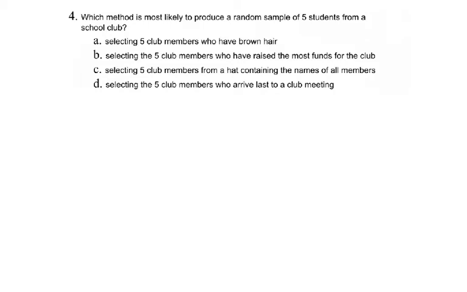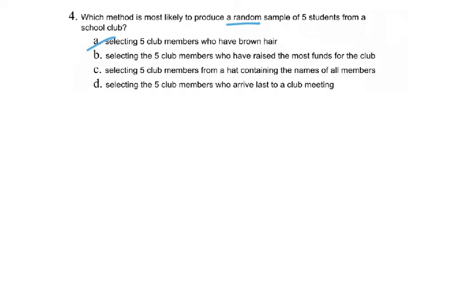Okay, and then number 4, I'm going to let you pause the video and try this one. Alright, so this one says, which method is most likely to produce a random sample of 5 students from a school club? So we're going to pick the most random one. A, selecting 5 club members who have brown hair. That's not random. You are profiling.